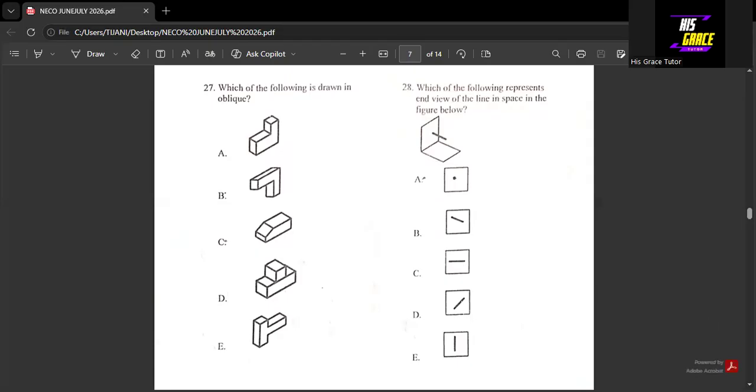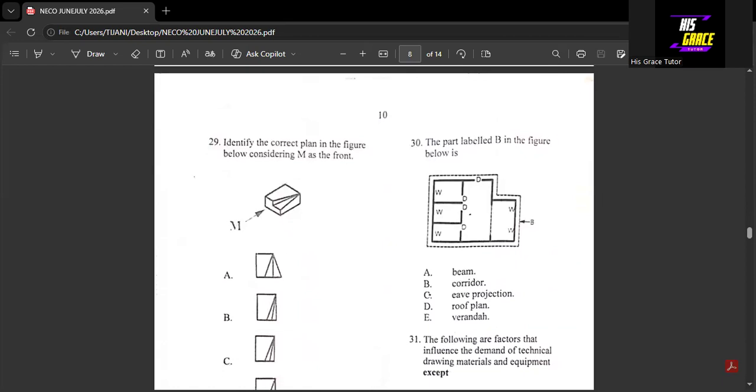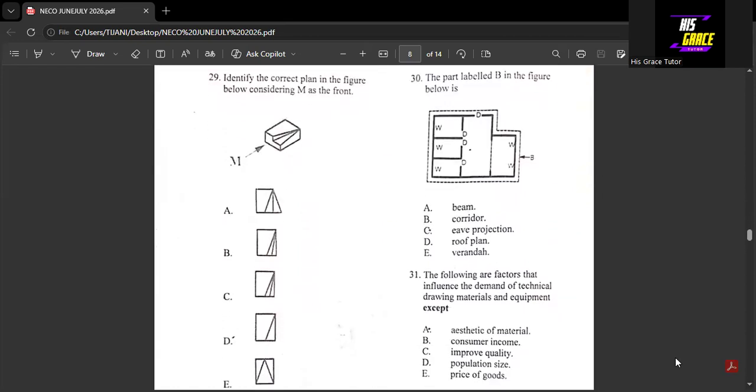Then question 29 says, identify the correct plan in the figure below, considering M as the front elevation. The plan is what we see looking from the top. So we are going to see this shape up here, and then this triangle that we have here.